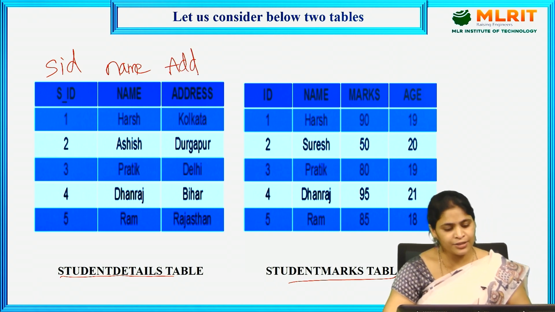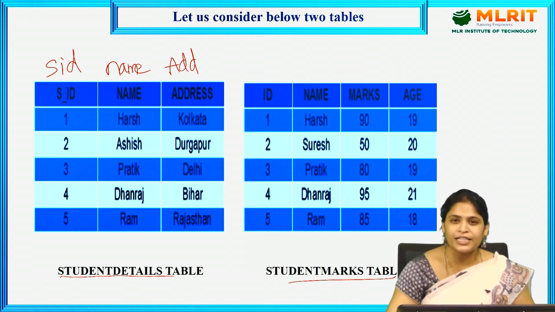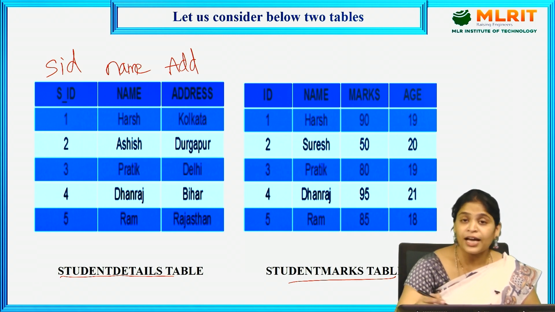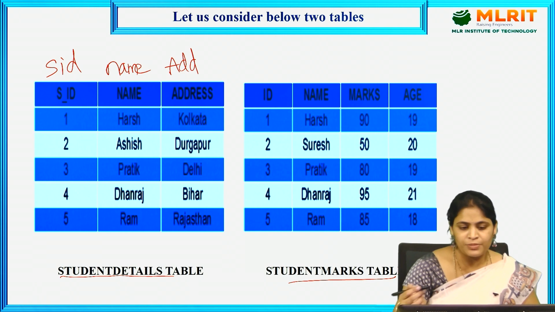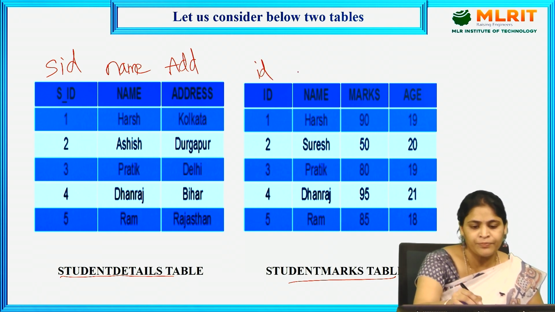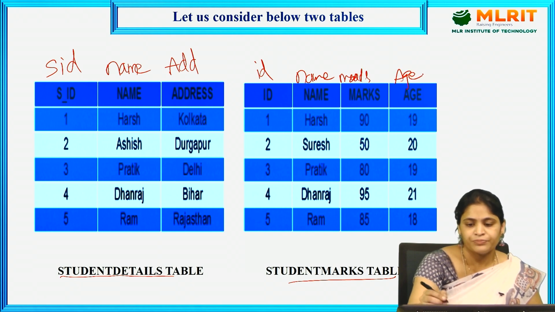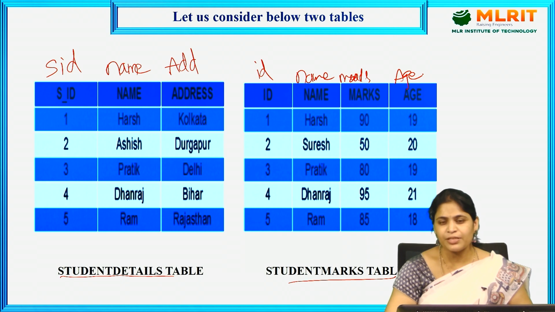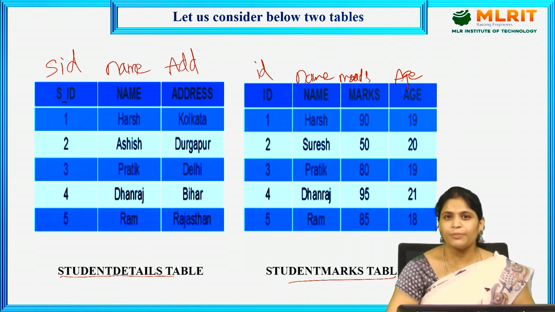Let us consider the other table, the student marks table, which contains four columns: ID, name, marks and age. So, these are the two different tables. By considering these two tables, now let us see how to create a view.